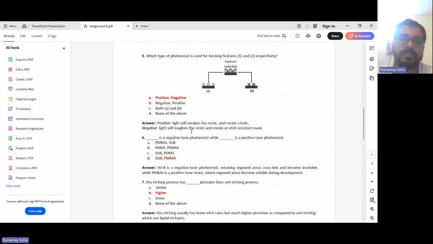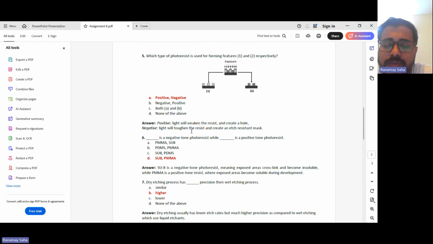The next question was about which type of photoresist is being used for getting the features in option 1 and option 2. So we have seen how a positive photolithography process differs from a negative photolithography process depending upon the tone of the photoresist.